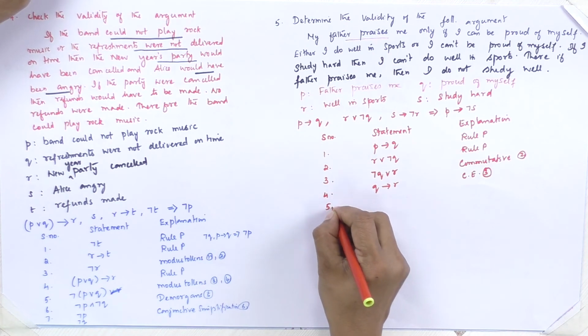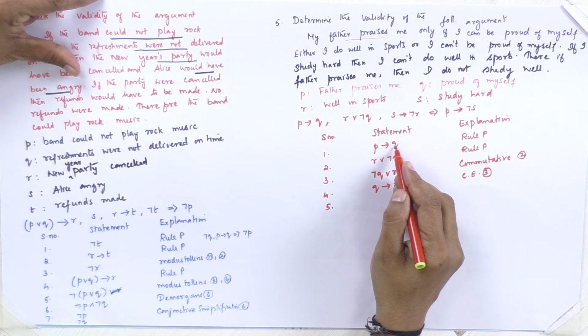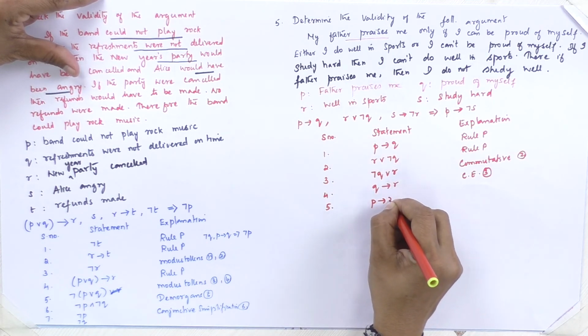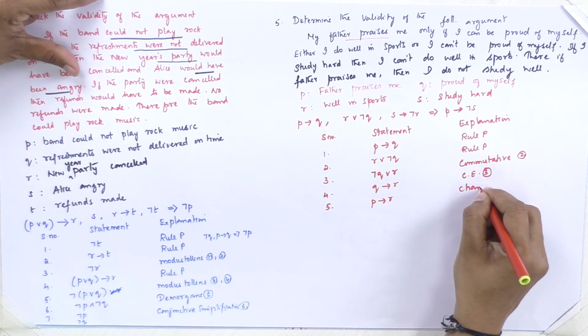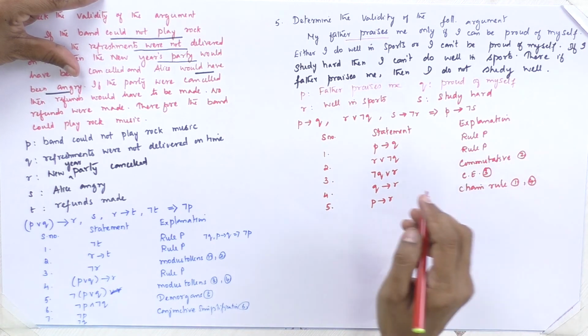You have to think in a tricky manner. This statement ends with Q, and this statement starts with Q. Therefore, we can apply the chain rule on 1 and 4. Fine, we get this statement.